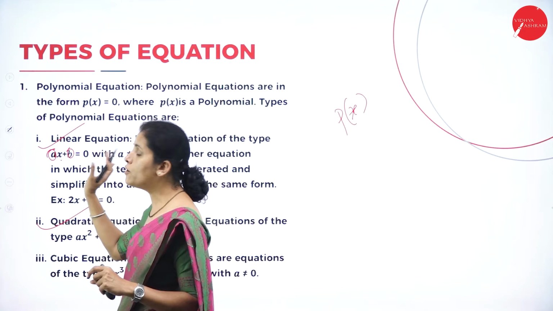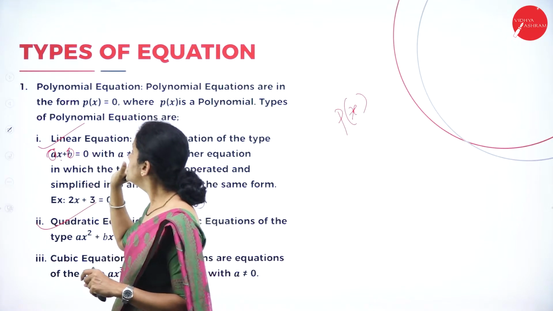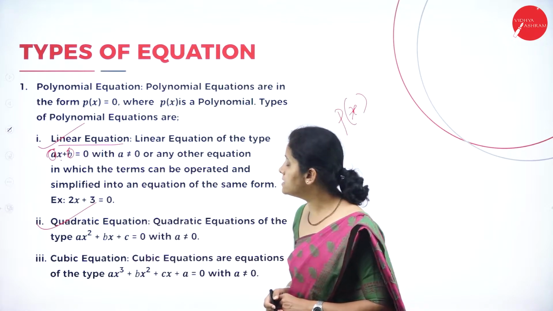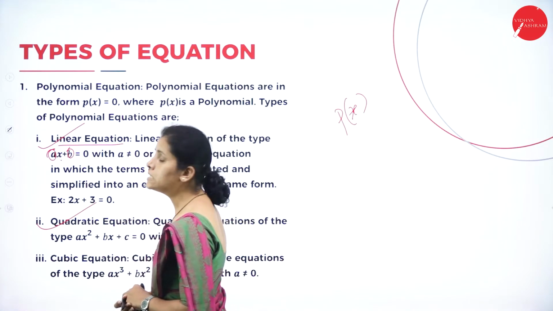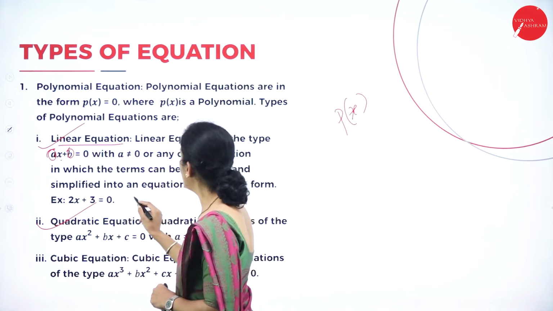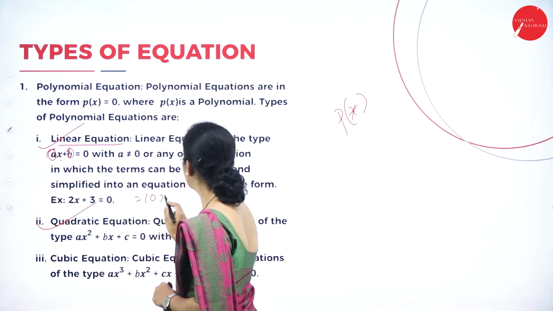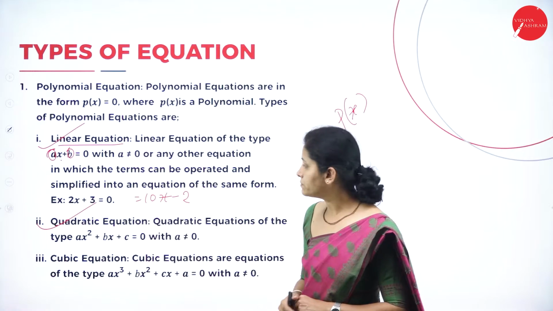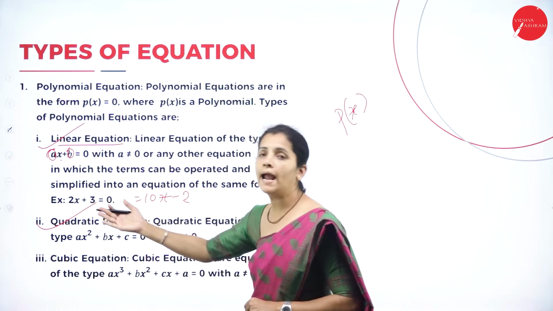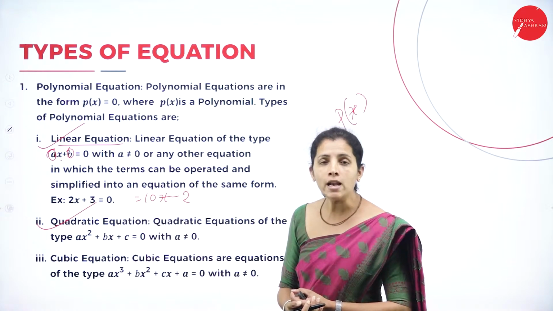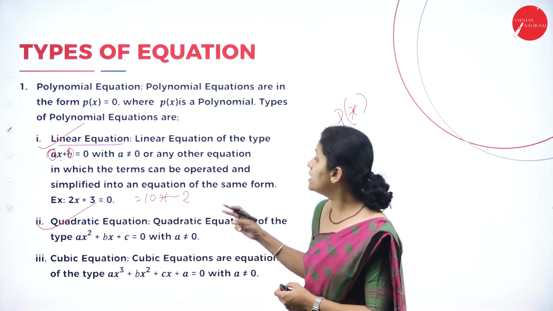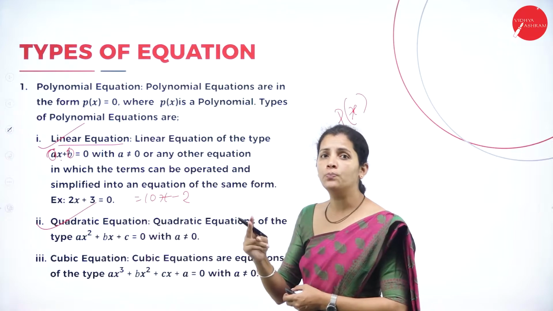So this kind of equations are termed as linear equations. The best examples are 2x plus 5 or 10x minus 2, etc. Now, quadratic equation: when my x power is 2, quadratic in the sense that the power is 2.